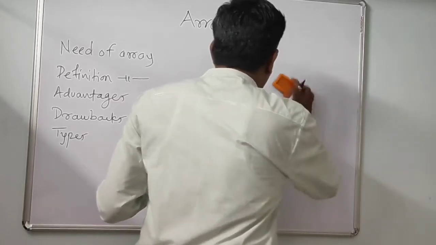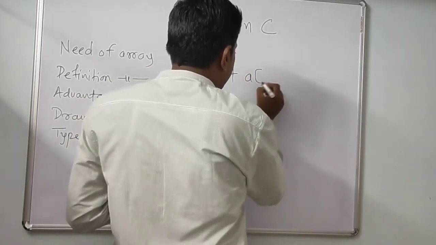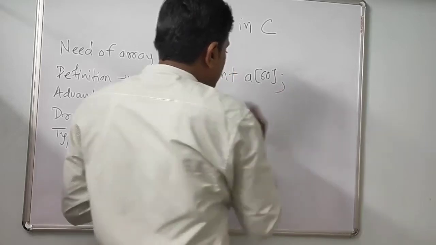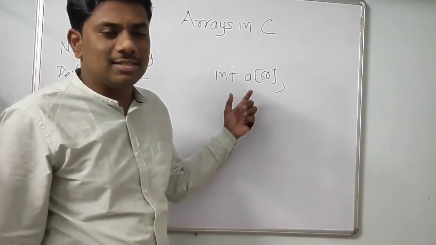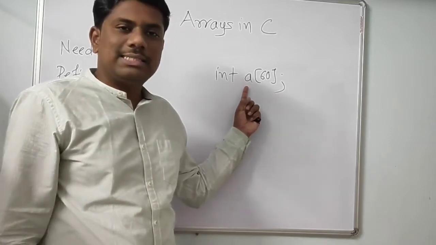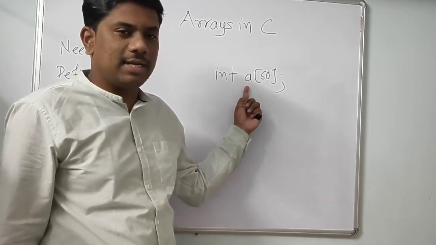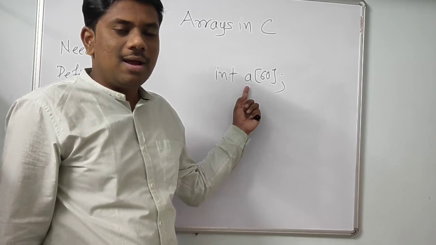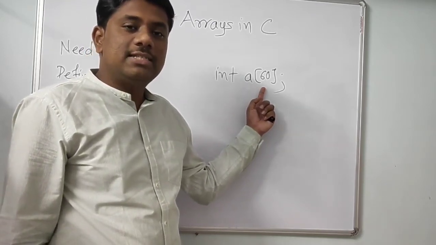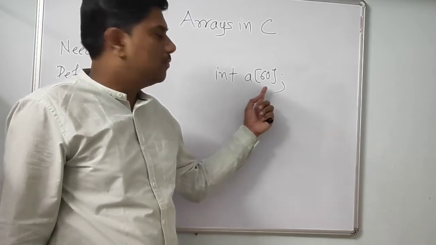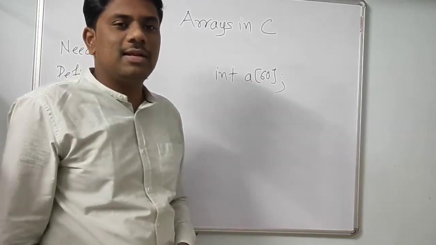So see, this is an array. I have specified the size of the array as 60. Under this single variable, A, which is the name of the array, I can store 60 roll numbers, whose type is integer.